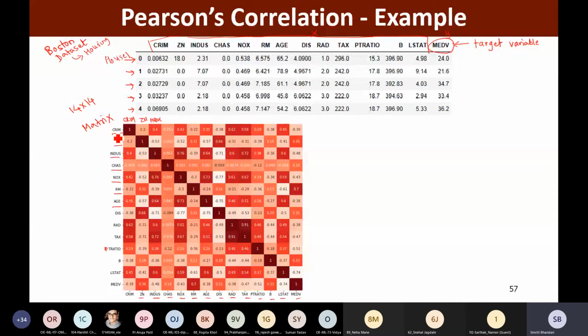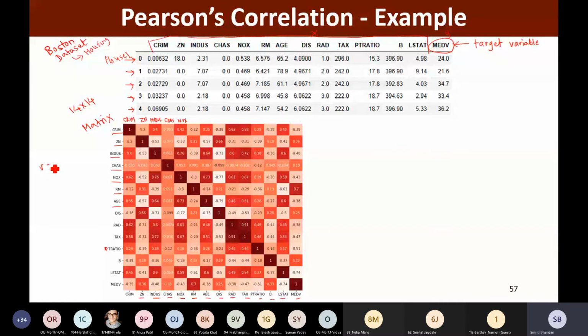Now what we have done is, the correlation of CRIM with ZN, the correlation of CRIM with Indus, the correlation of CRIM with the next variable, CHAS, then NOX and all. The correlation of CRIM with all 14 features is computed. The correlation of ZN with all 14 features is computed.